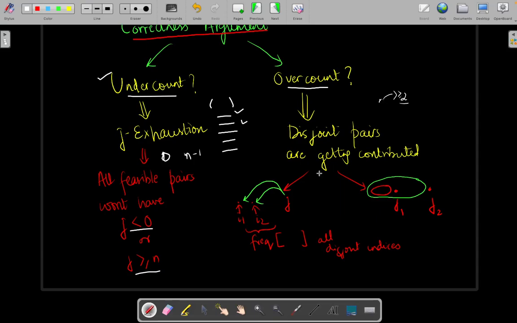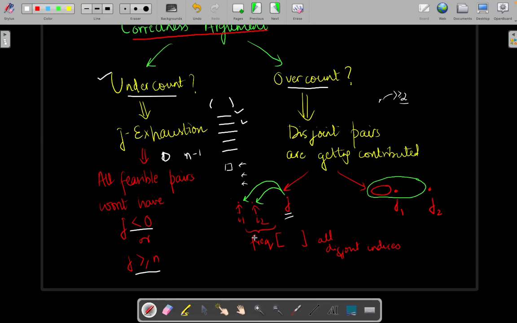Well, the way we are iterating on j, these will always be disjoint, because for a given j in the map, every element is contributing exactly one to the frequency of some key, right? And therefore it can never be double counted.